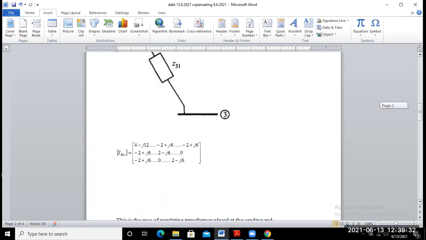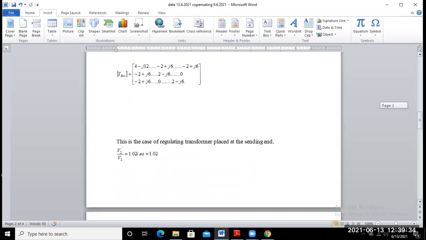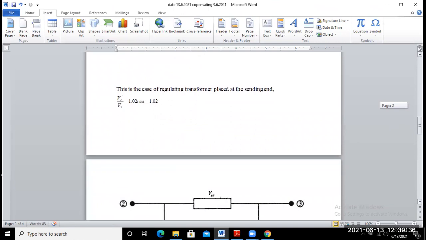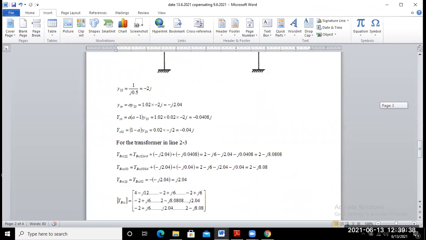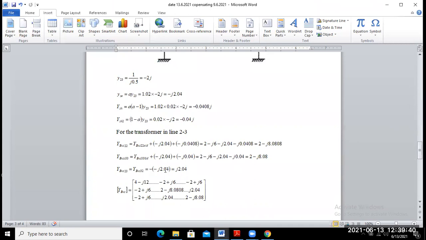It is not too difficult. If you practice a few problems, then you can easily write this equation: new equals old plus whatever element is added, that will be added to that particular element of the Y bus. So it is not too difficult to practice.